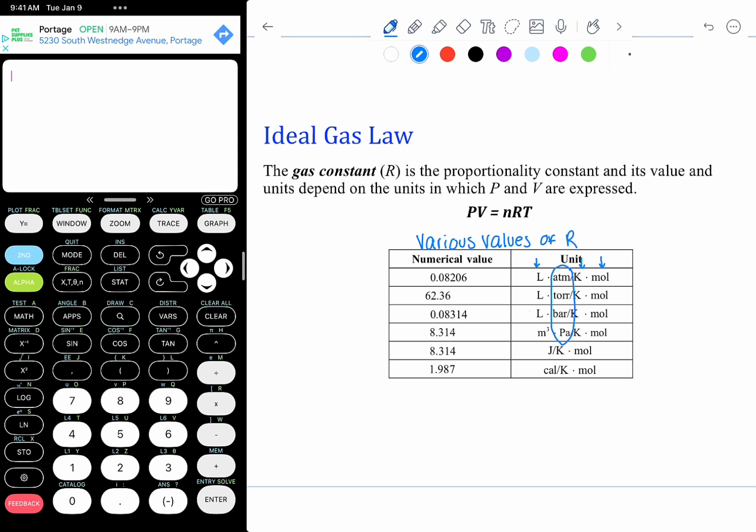So whatever the unit is for the pressure given in the problem, you have an R that can be used with that pressure. We have to make sure that the R has the correct pressure units so that the units cancel appropriately for that specific pressure. Now we aren't going to use these last two values of R because those are used more in Gen Chem 2 than they are in Gen Chem 1. So we're going to look more at the first four where the pressure units are defined more clearly.